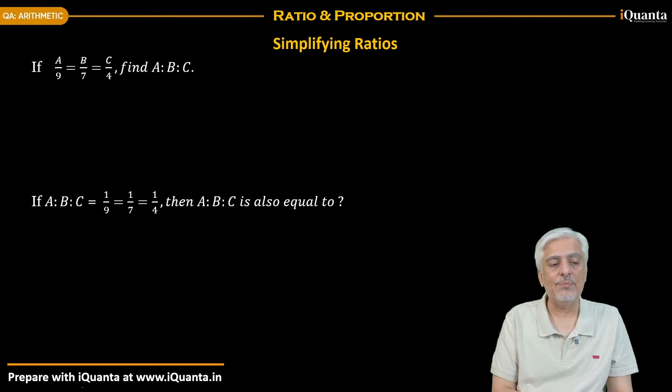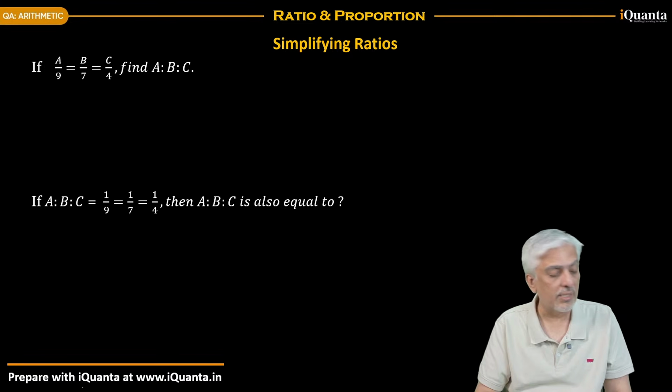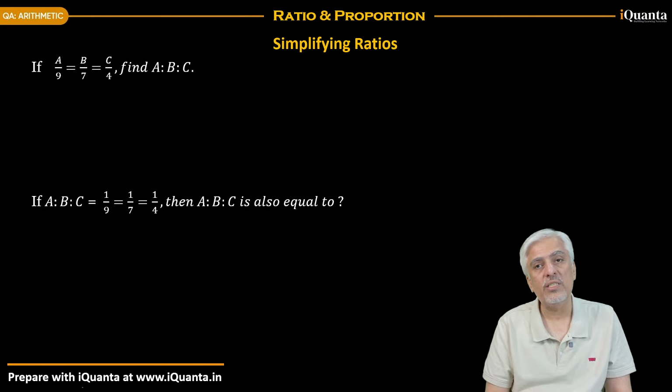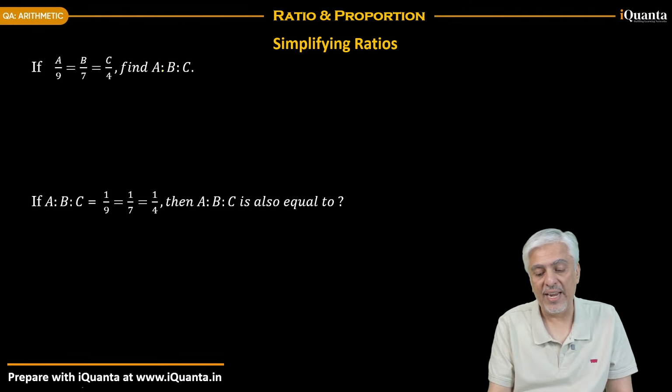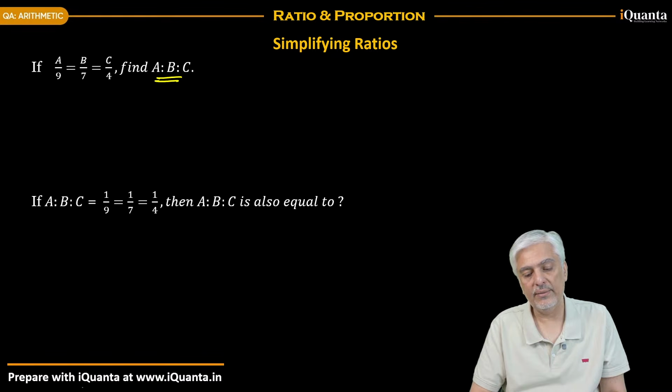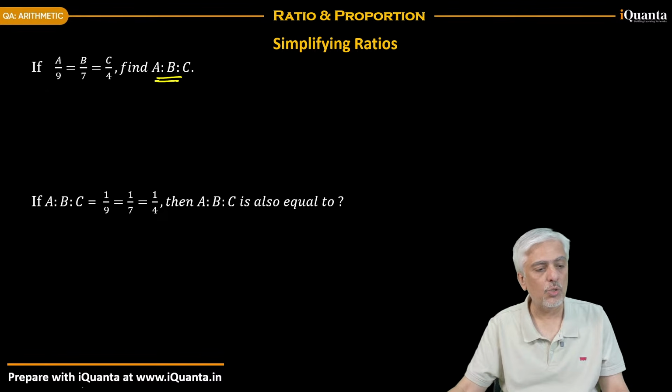Chalo, let's understand something now like a concept. If I say a upon 9 is equal to b upon 7 is equal to c upon 4, find a ratio b ratio c. I want the ratio between a, b, c. Especially if there are only two things first, let's do first only for two things.